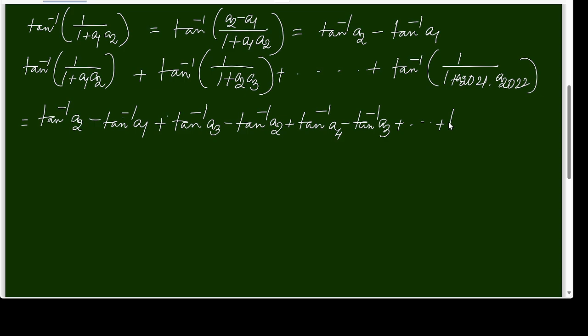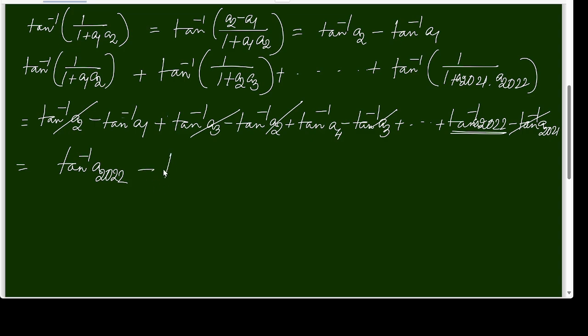The last term will be tan inverse a2022 minus tan inverse a2021. If we look closely here, these terms will cancel, so only tan inverse a2022 and tan inverse a1 will be left.